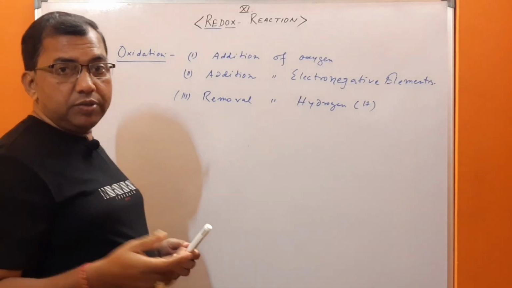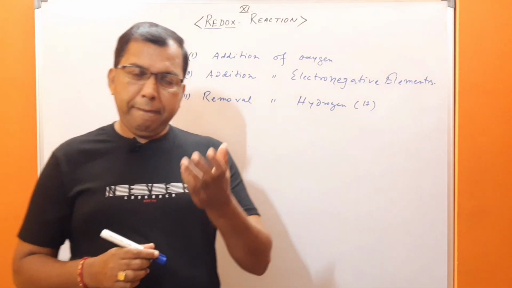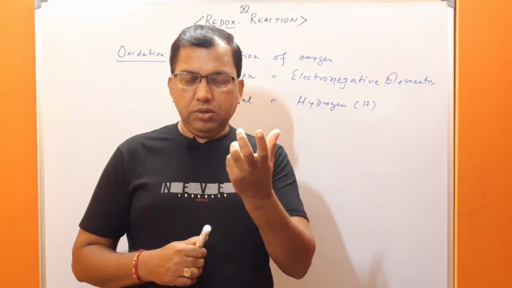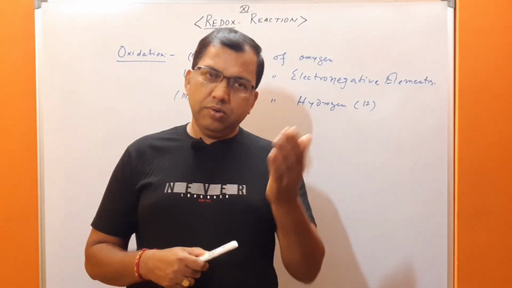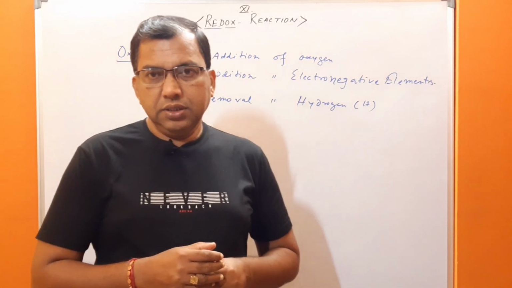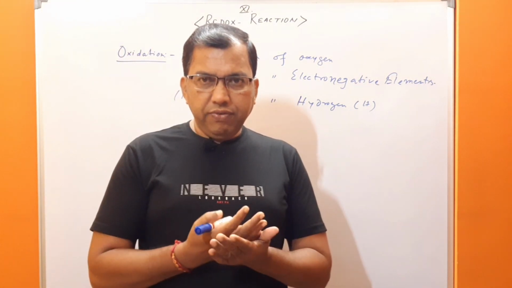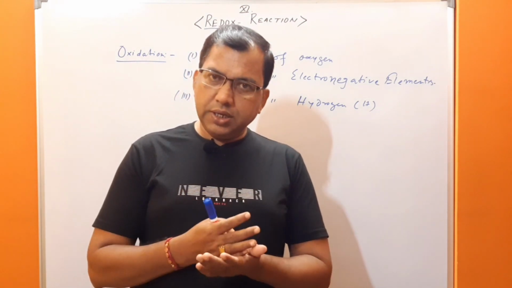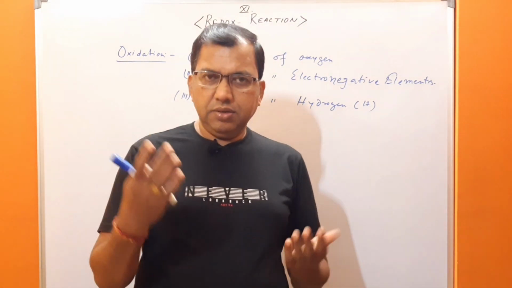Suppose removal of electropositive elements: potassium ferrocyanide, K4Fe(CN)6, reacts with H2O2, hydrogen peroxide.